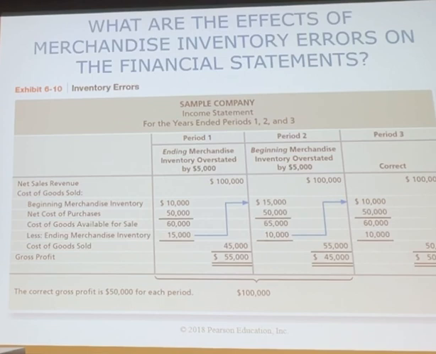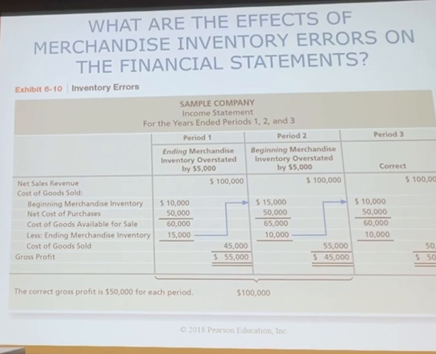So notice here in period 1, if inventory was overstated by $5,000 in period 1, ending inventory in period 1, it means that our gross profit in period 1 was $5,000 more than it should have been.